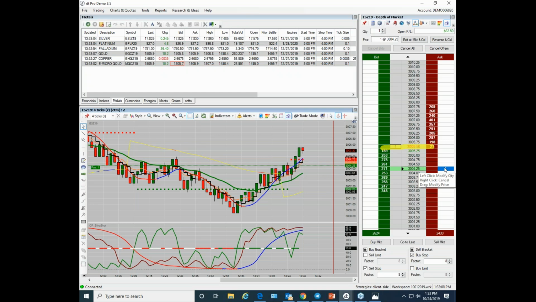I have done that, okay? Again, money management rules, the idea is to get the risk off the table right away. So if it goes plus 4 ticks in your favor, 1, 2, 3, 4, you move the stop to break even, okay?